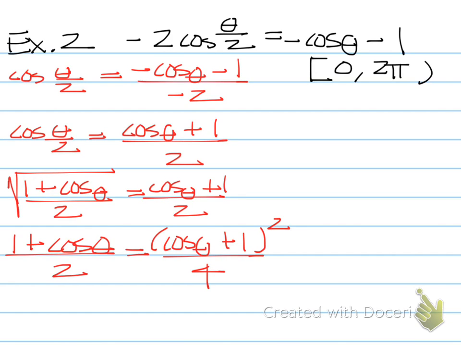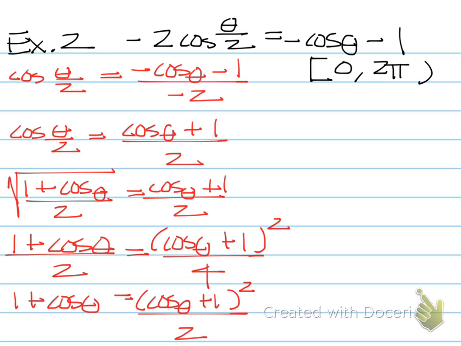Then I square both sides to get rid of the square root. Whenever I square both sides, I'll get the quantity cosine theta plus 1 squared in the numerator on the right side, and then 2 squared is just 4. From here, I'm going to multiply both sides by 2 to get rid of the 2 in the denominator on the left side.